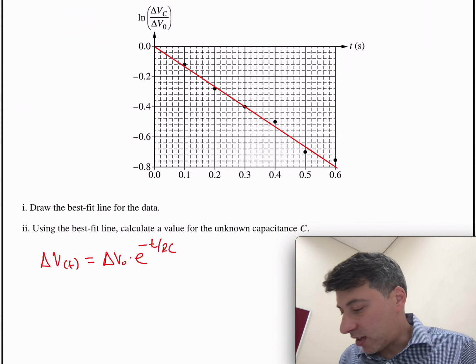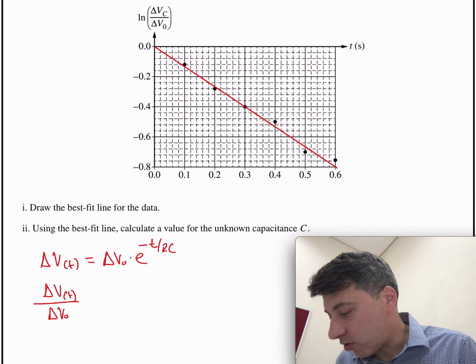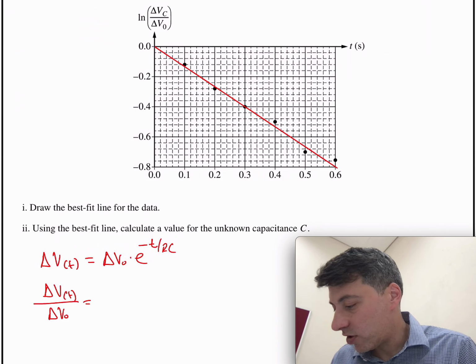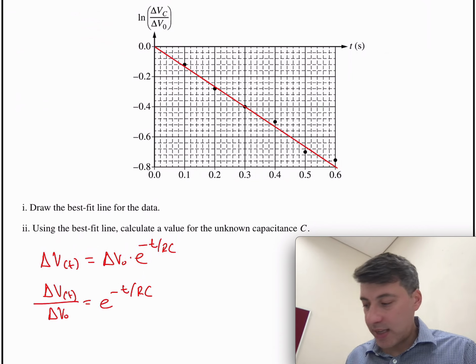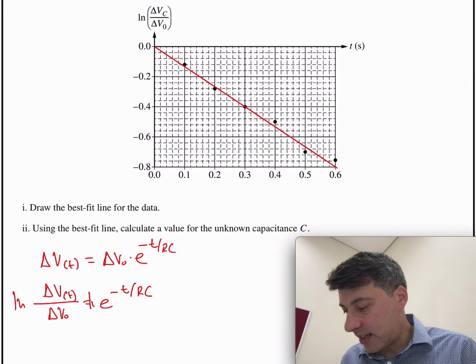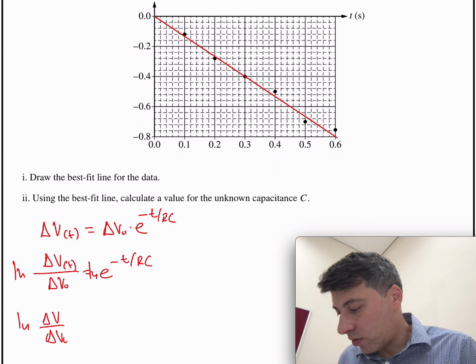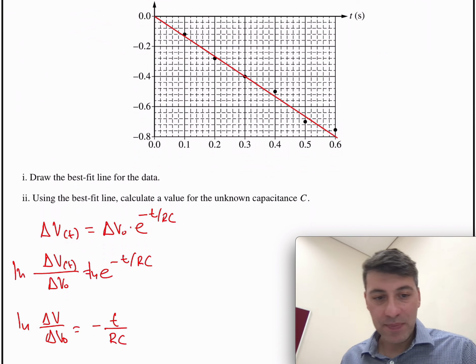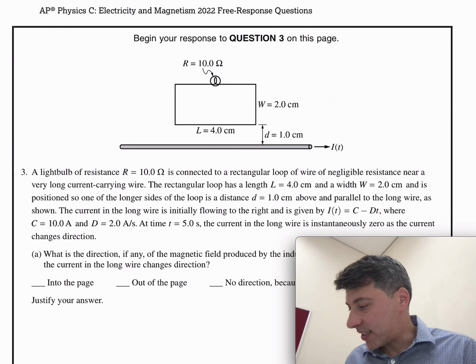So first I'm going to divide delta V over delta V0, which is equal to e to the power of negative t over RC. And if we take the ln left and right, we get that the ln of delta V over delta V0 is equal to minus t over RC.